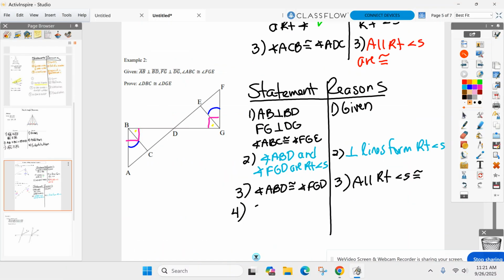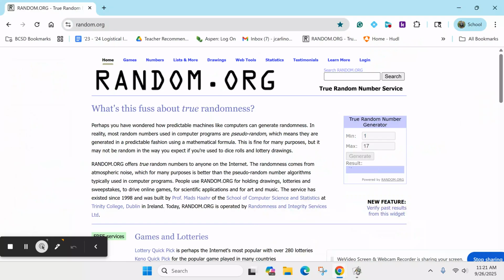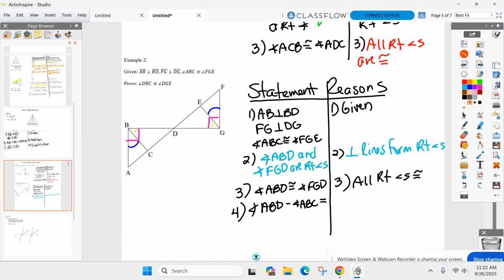Angle ABD. And what do I need to subtract from ABD to get ABC? Good job, ABC. And that's going to be equal to, name the other pair I'm going to subtract to get these angles. Julia, what's the other pair? Angle FGD minus angle FGE. Good.